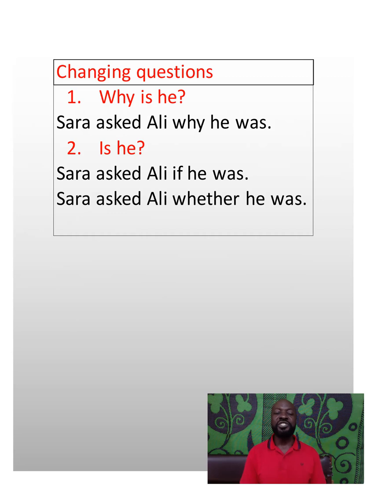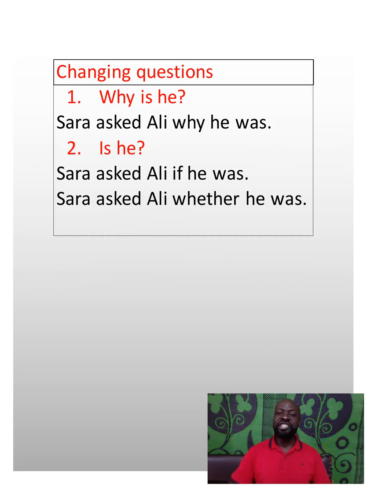Changing questions. Number 1, why is he? Sarah asked Ali why he was. I want you to see, I don't say is, it changes to was. There are 2 changes that I've made here. First, is changes to was.